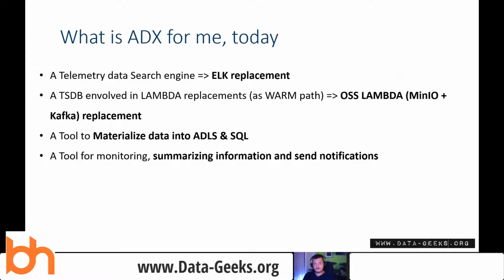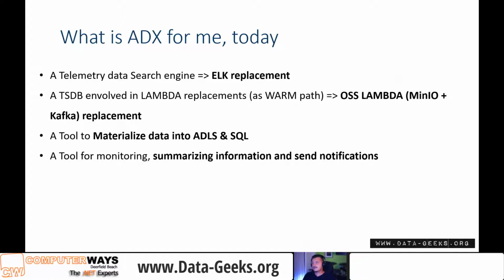When you deal with telemetry, you have to search data, for example, because you are in an environment that is not structured as you want initially. And so in the past, I used ELK, and ADX is a good replacement of that. But when you deal with IoT, for example, you have to deal with time series databases involved in a Lambda replacement.